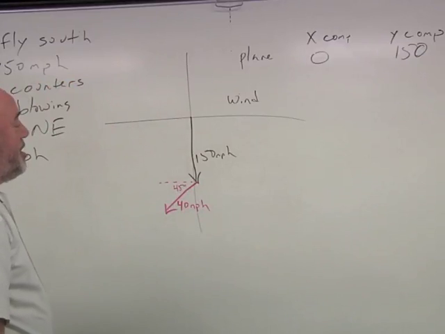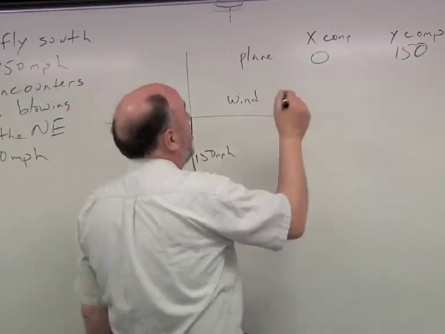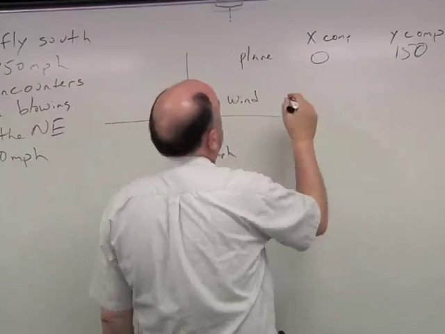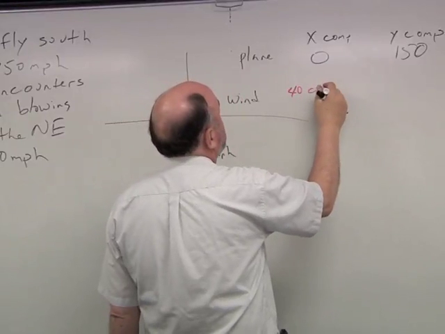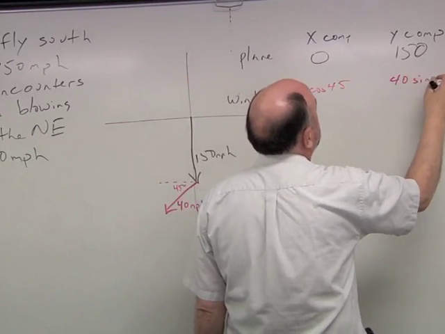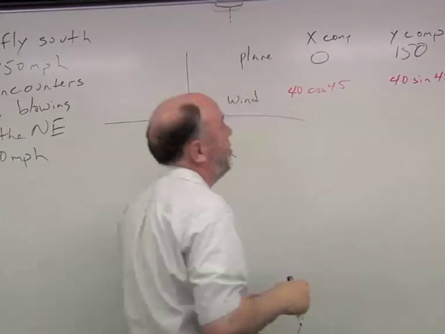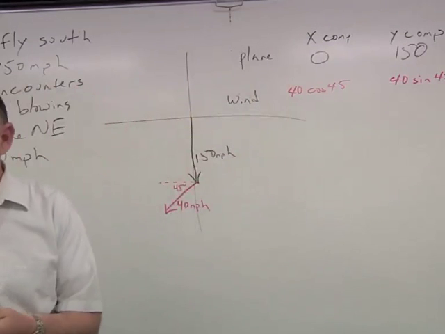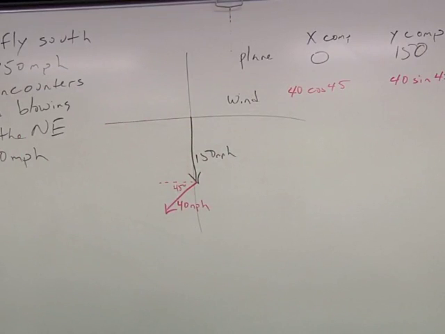The wind has an x and y component, and the x component will be given by 40 cosine 45, and then 40 sine 45. So we can plug those two in.